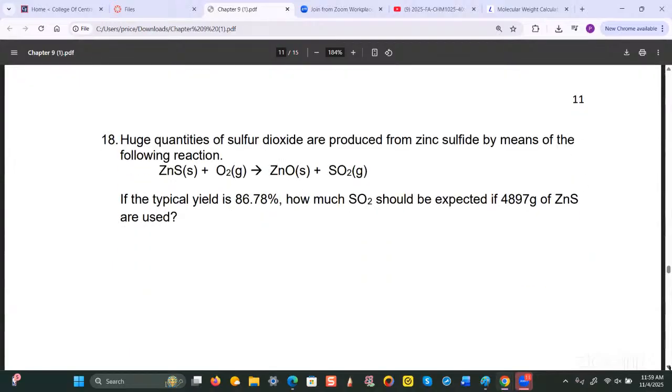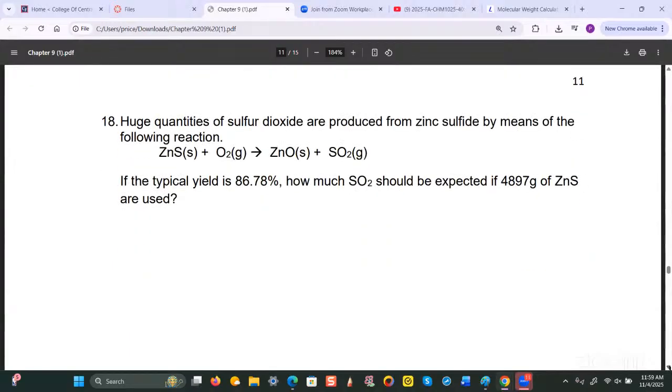Now this one has to do with yields, percent yield, theoretical yield, and all that good stuff. They gave me the equation, which I think is not balanced, so we have to balance it. In fact, if I'm not mistaken, we got this equation before, from a previous problem. In any case, it has to be balanced.